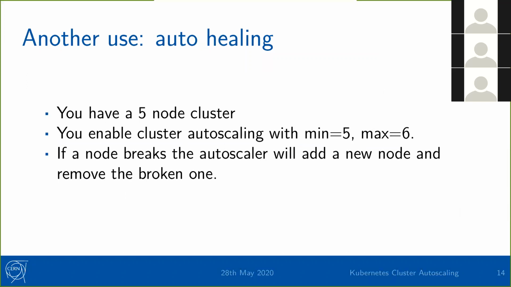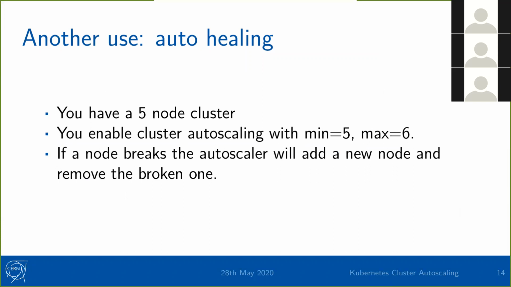Another use for cluster autoscaling, even if you don't need to change the number of nodes in your cluster, is to have it auto heal your cluster. Let's say you've decided on the right number of nodes for your cluster, and that's 5. You're fully utilizing all of those nodes, and you're not pod autoscaling.